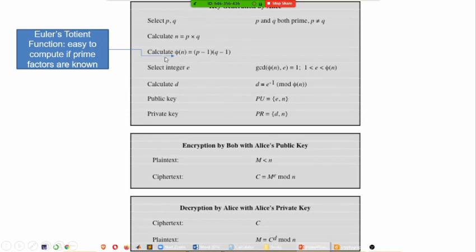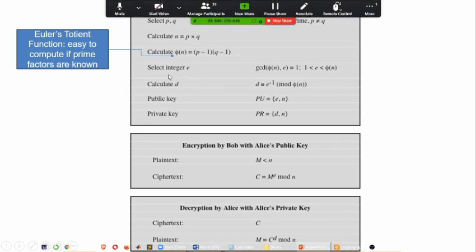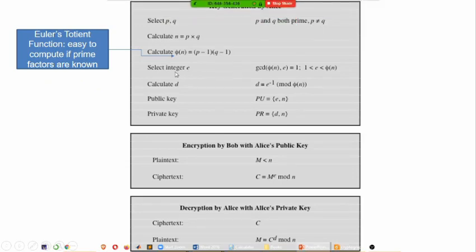Now once phi of n is computed, you have to select an integer small e. Now integer small e is the public key. So കാഞ്ചനയുടെ പബ്ലിക് കീ ഈ ഒരെണ്ണം സെലക്ട് ചെയ്യണം. ചുമ്മാ തോന്നുന്ന ഏതെങ്കിലും നമ്പർ സെലക്ട് ചെയ്താൽ പോരാ. There is one condition. You have to make sure that E is relatively prime to phi of n.